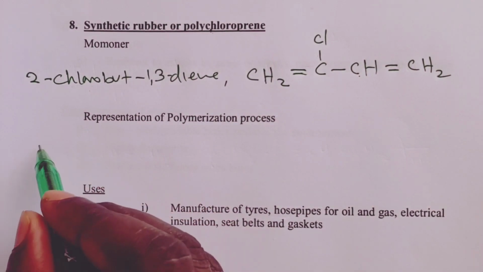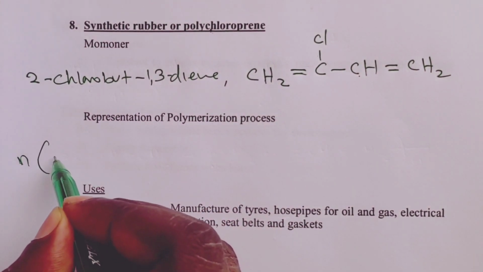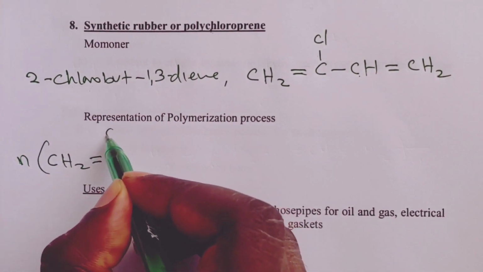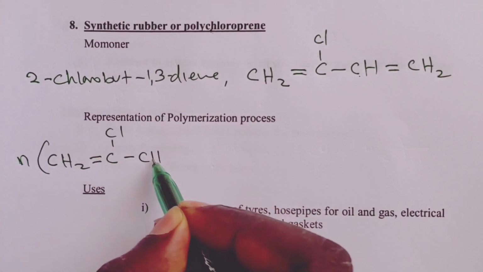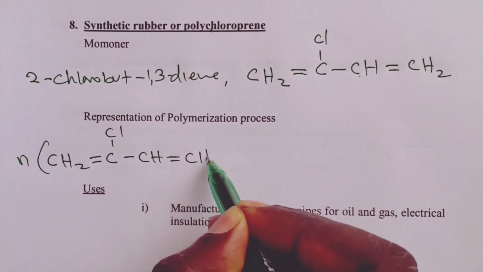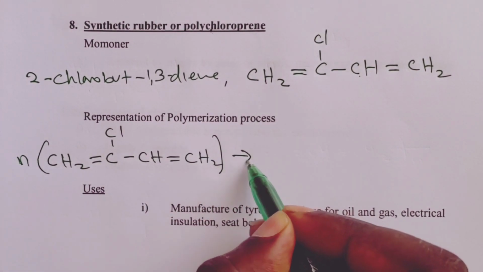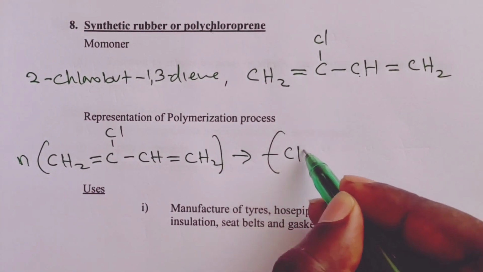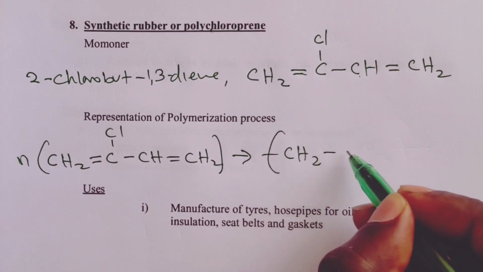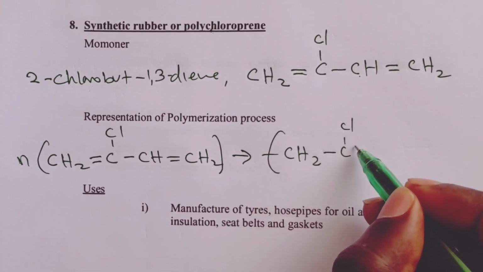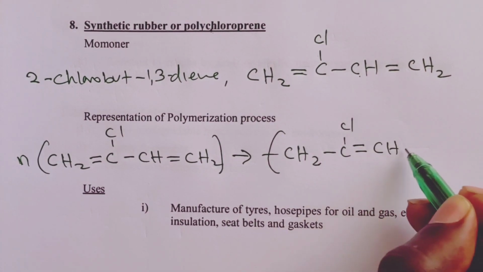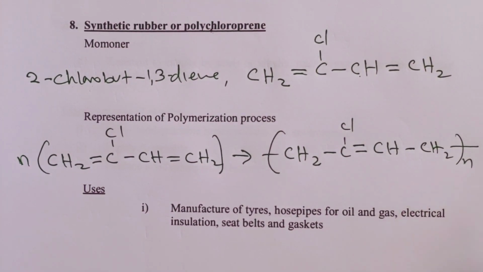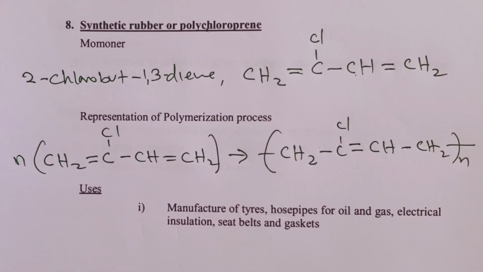Polymerization process, we shall have N molecules as usual of our monomer, and we obtain our polymer, of course with bonds broken at some points. So this would be CH2C, Cl, double bond now comes there, CH and CH2 with N molecules of that.